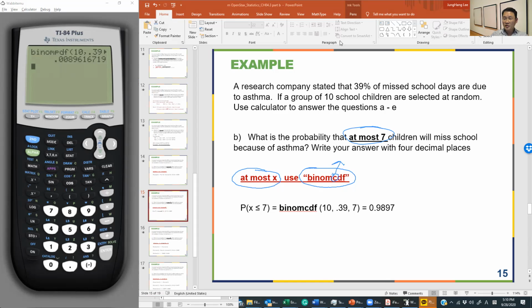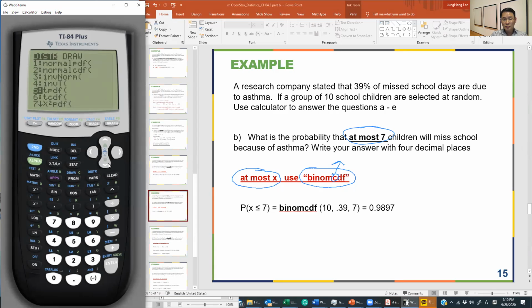So same deal, go to distribution. Binomial CDF right here, enter. The total N, 10, enter. P, 0.39, enter. X, at most 7. That's exactly the same thing as putting 7 right there.